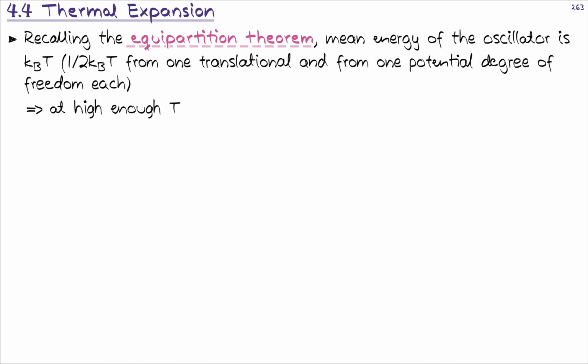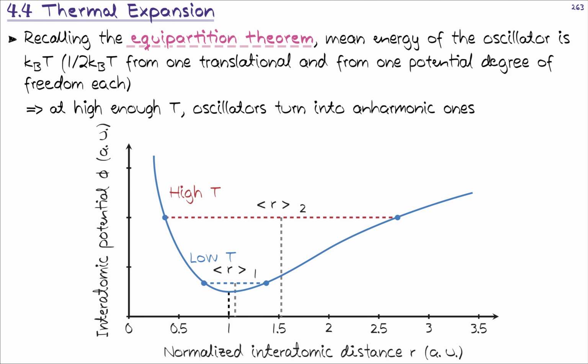And when we go to higher and higher temperatures, these oscillators turn into anharmonic ones. When we are close to the original equilibrium position, we do have thermal energy here, and the thermal energy is being stored in the oscillations of atoms with respect to their equilibrium position.